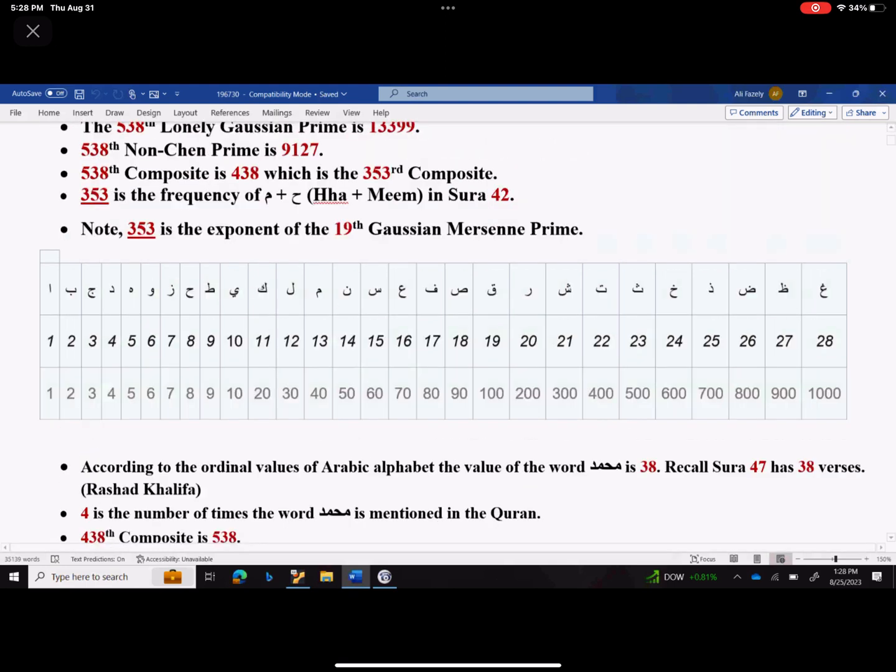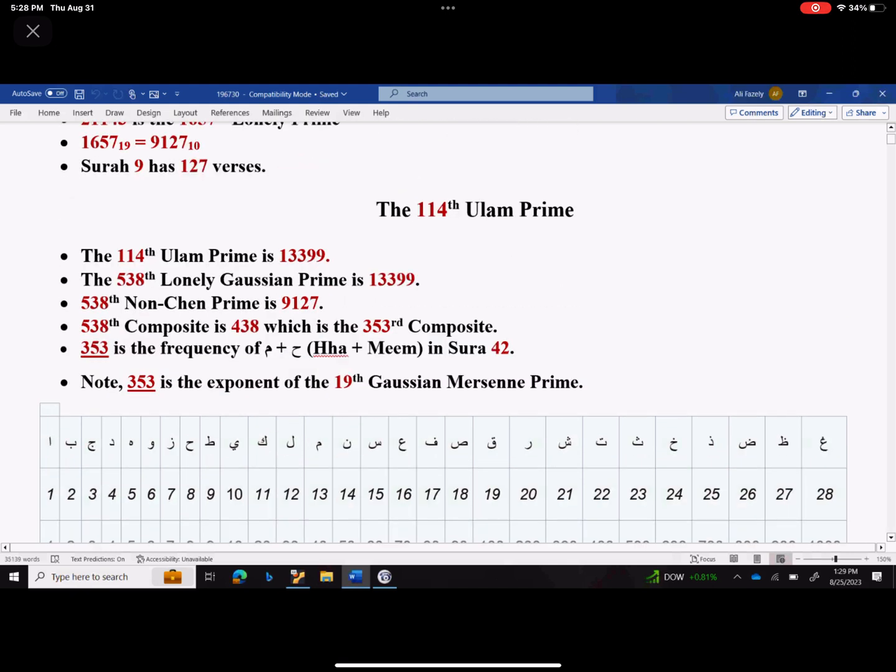How else is he going to say, look, this came out of his mouth as it was supposed to, because that's what God inspired him to say, and he said it. So when the revelations came, chapter 9 only had 127 verses.